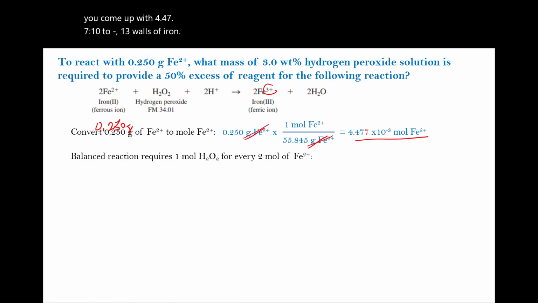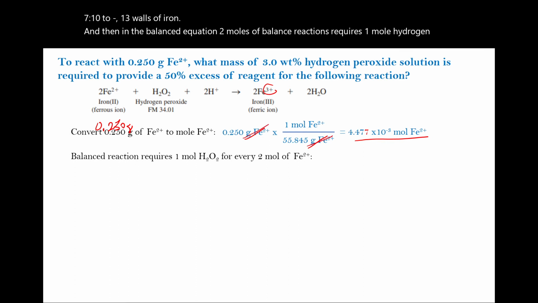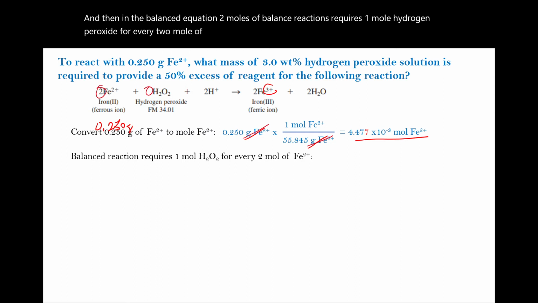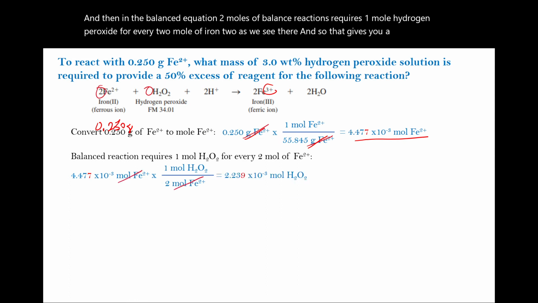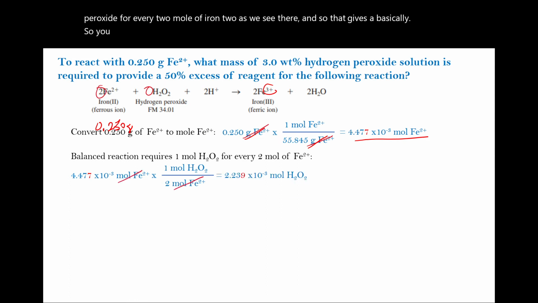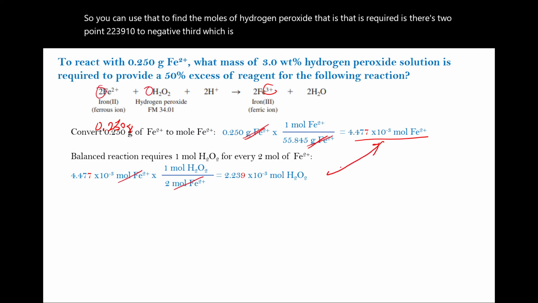Then in the balanced equation, 2 moles of iron(II) require 1 mole of hydrogen peroxide, as we see there. So you can use that to find the moles of hydrogen peroxide required. That's 2.239 × 10^-3, which is half of that.